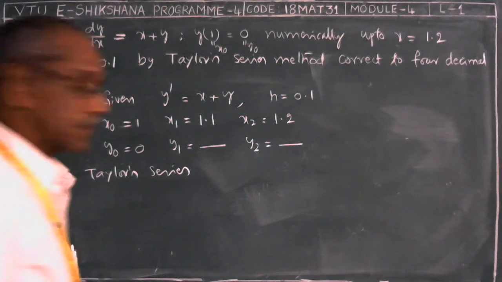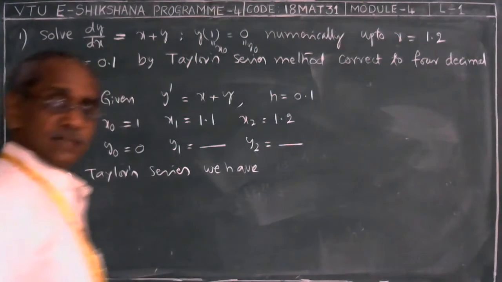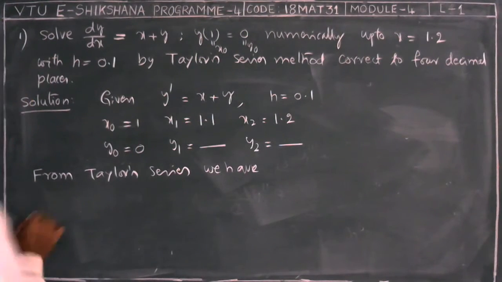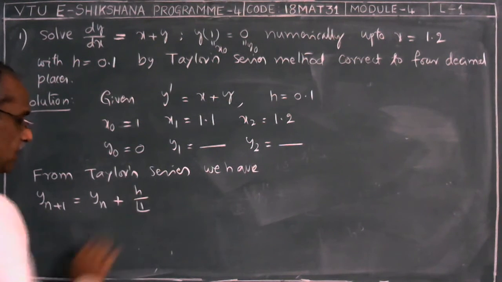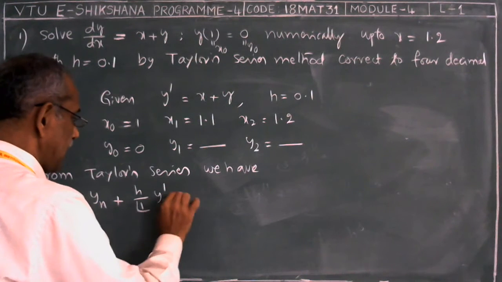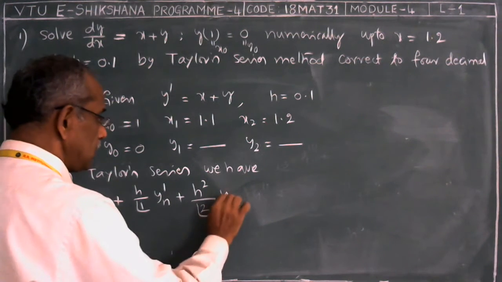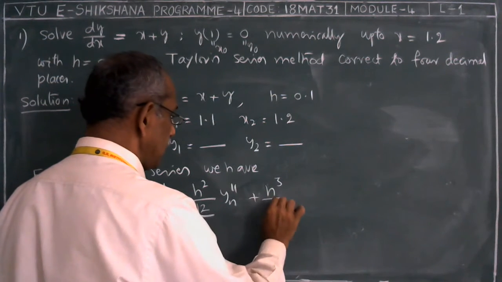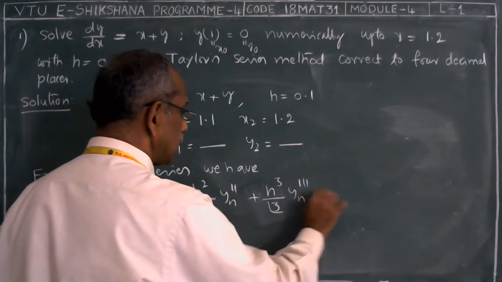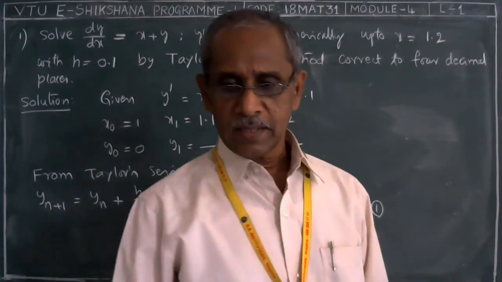From Taylor's series, we have yn plus 1 is equal to yn plus h divided by factorial 1 into yn dash plus h square divided by factorial 2 into yn double dash plus h cube divided by factorial 3 yn triple dash and so on. Call this equation number 1.